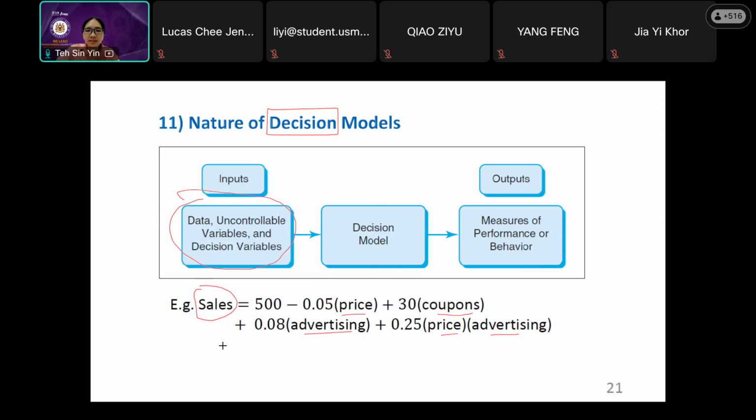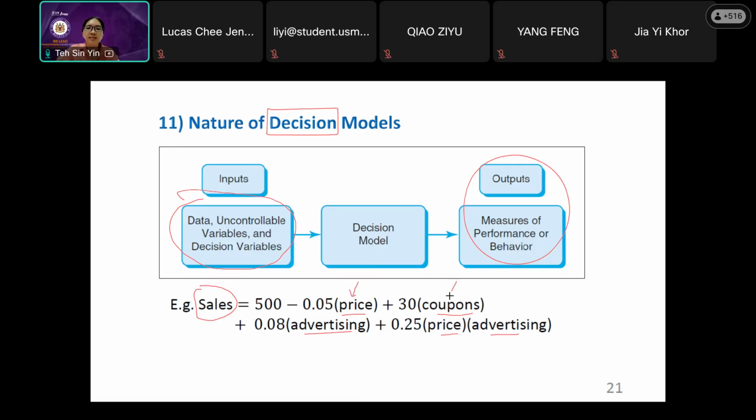And this is the mathematical model that combines your input with your output measurement of performance. Of course, the measurement of performance here is your sales, meaning your sales depends on the price.